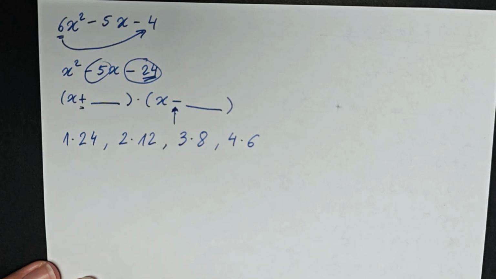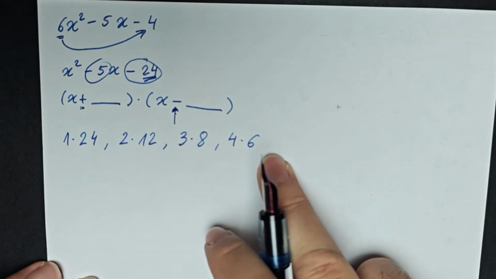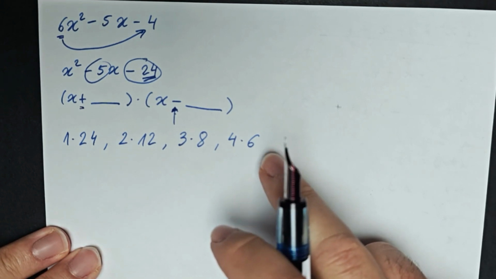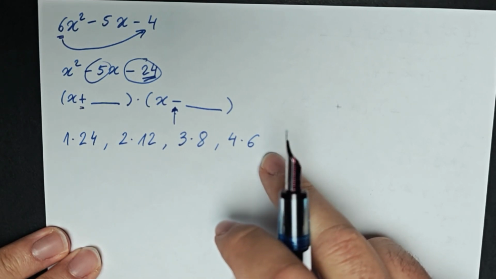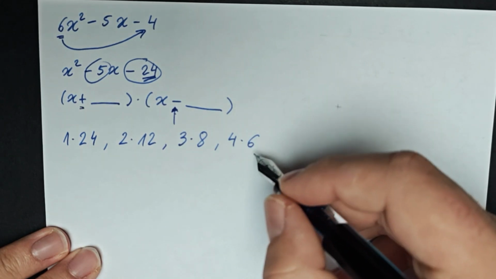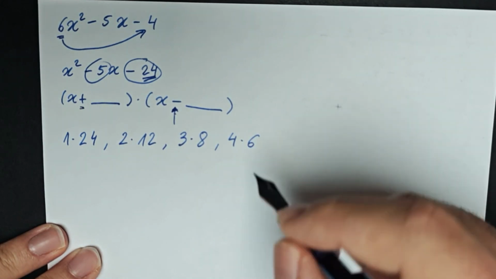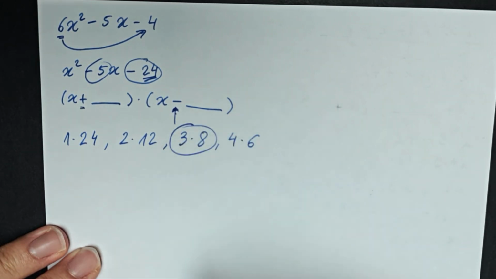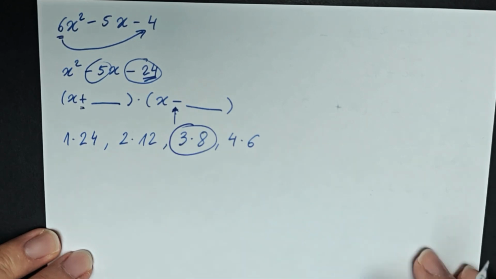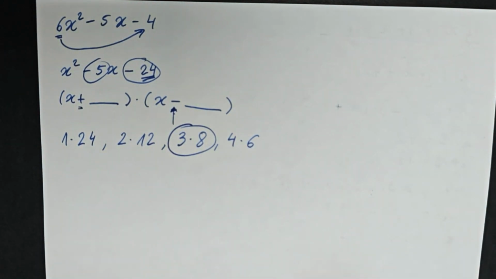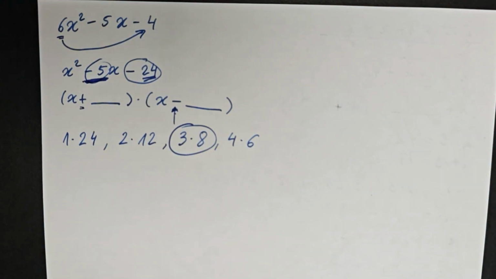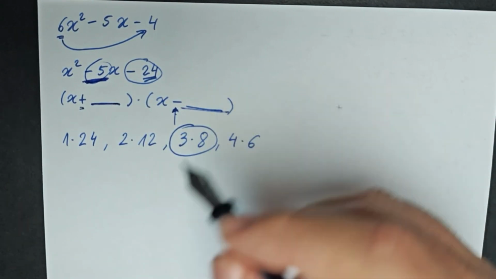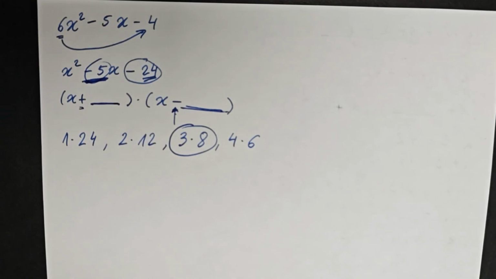So from the pairs in this list, which give us all the products of 24, we are looking for the one pair which is going to give us the number 5 when we subtract those two numbers. Well, that pair of numbers is 3 and 8. 8 minus 3 is equal to 5. The last thing we have to figure out is which of these two positions the number 8 goes in.